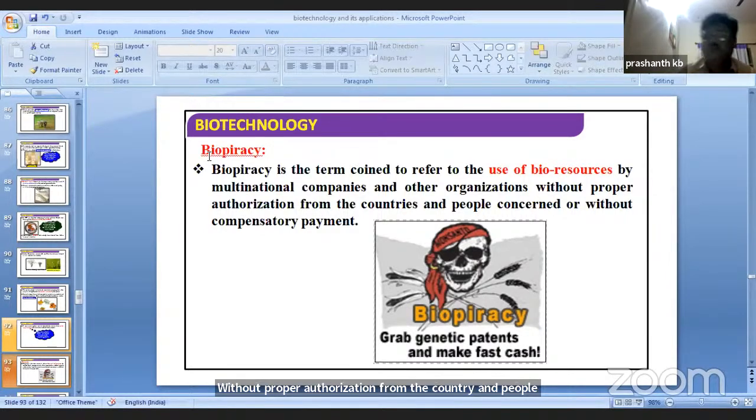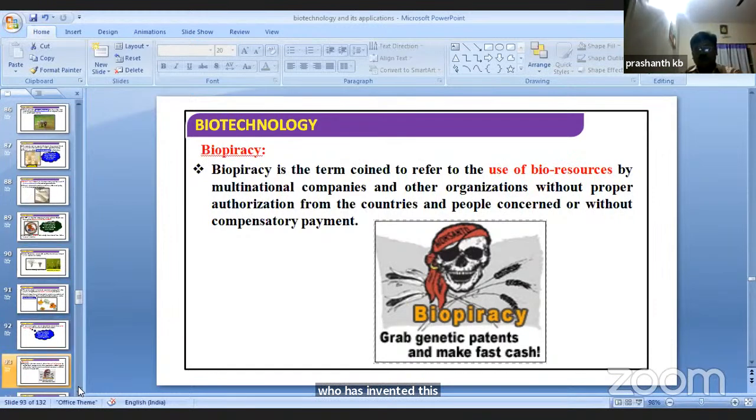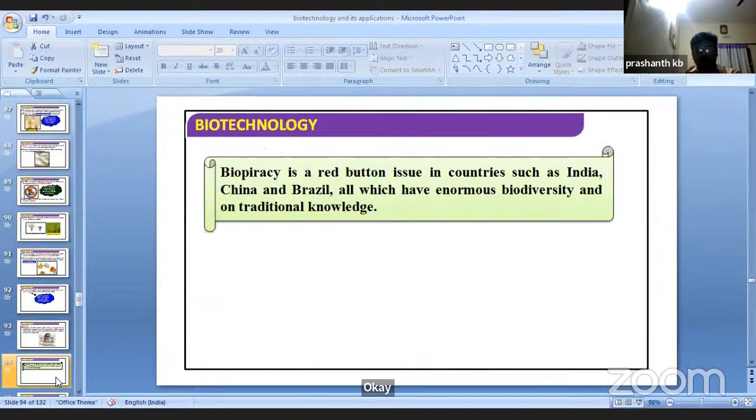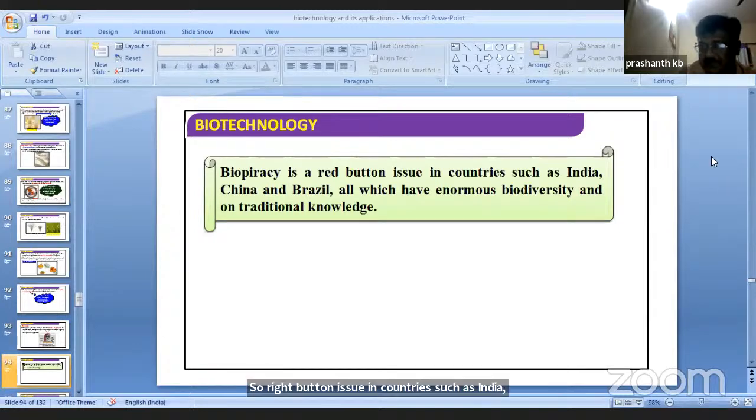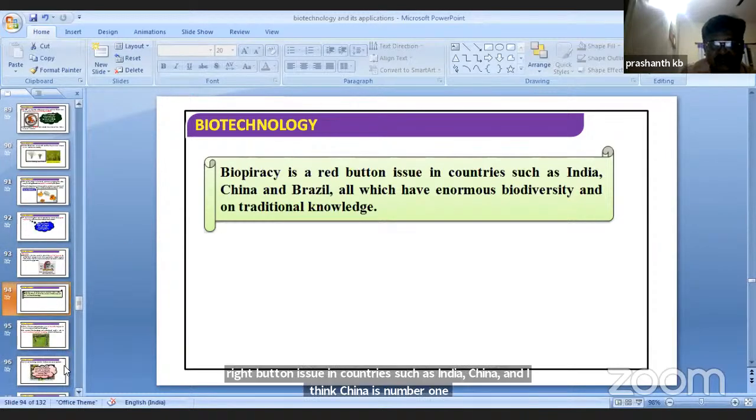That is called biopiracy. Now, biopiracy is a red button issue in countries such as India, China, and Brazil. This is not given. Actually, China is number one in copying, India is also copying, and Brazil is also copying.